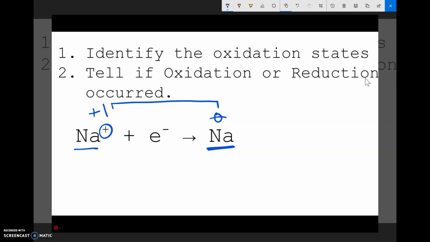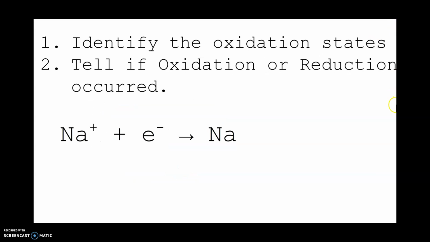Is that an increase or a decrease? That would be a decrease, or a reduction, and so that's going to be reduction. Notice here that the electron is on the reactant side. Whenever electrons are on the reactant side, it means you're gaining them, which is the definition of reduction.